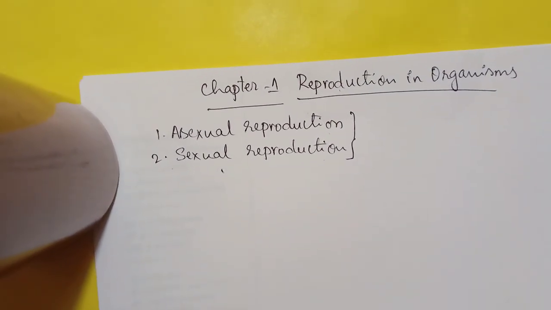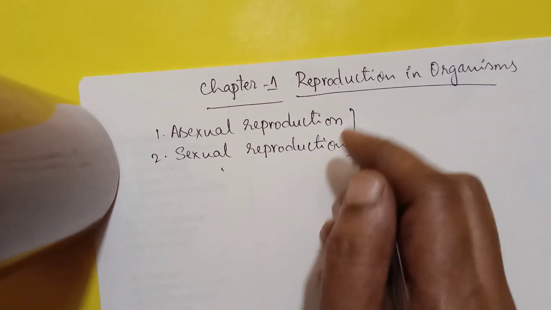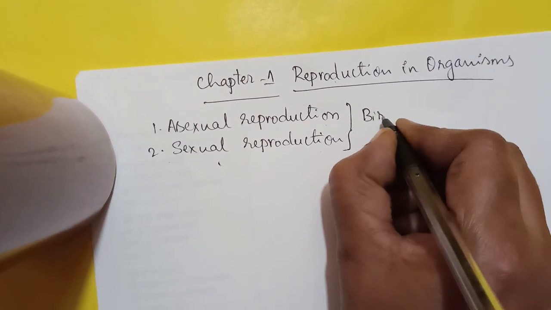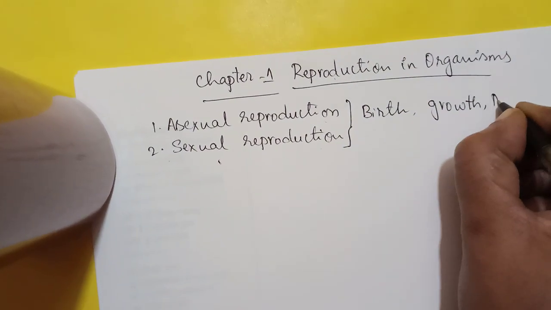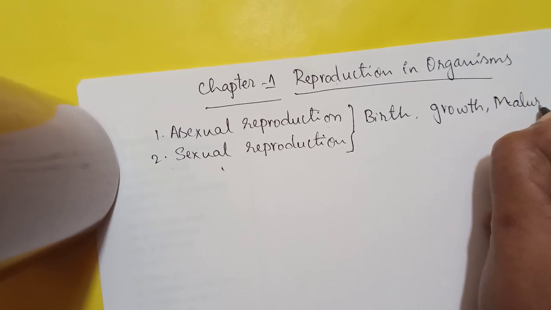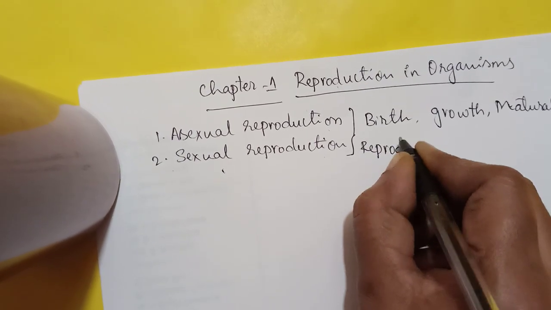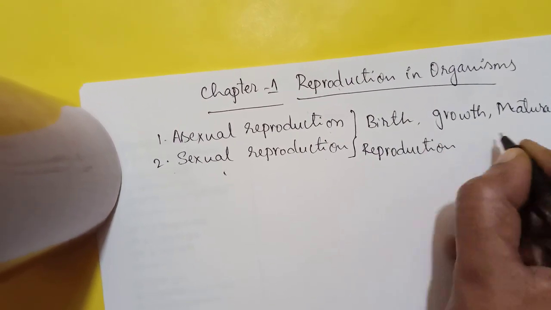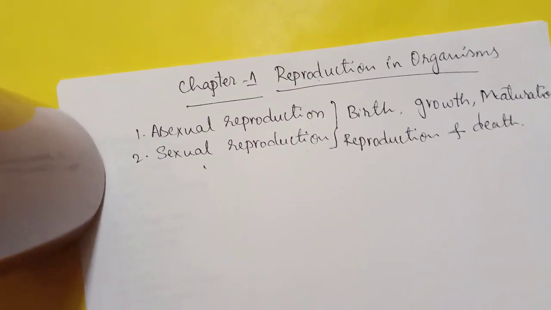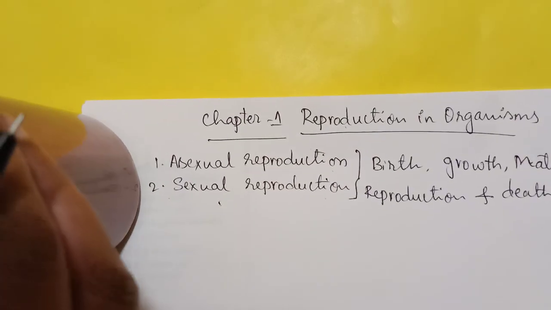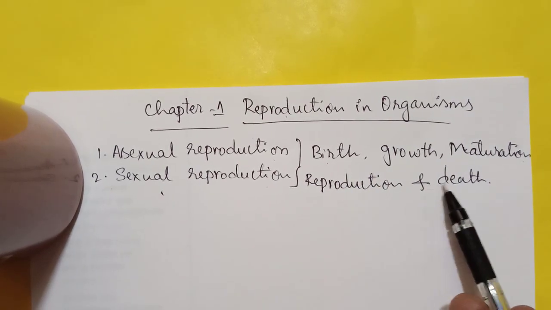We all know that all living organisms on this earth show a life cycle which involves birth, growth, maturation, reproduction, and finally it leads to death.